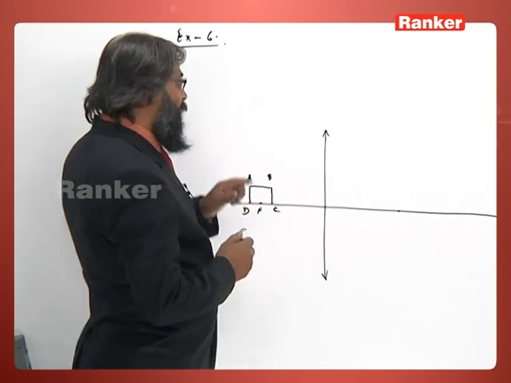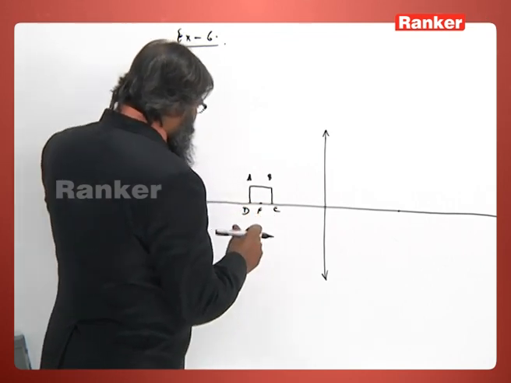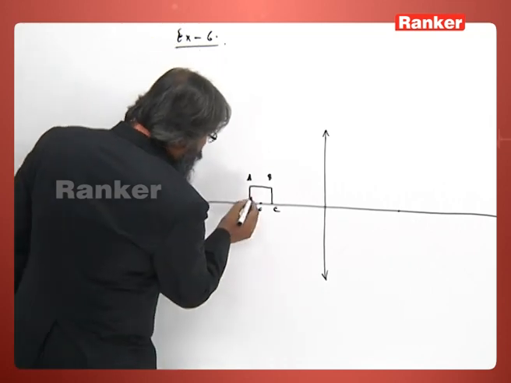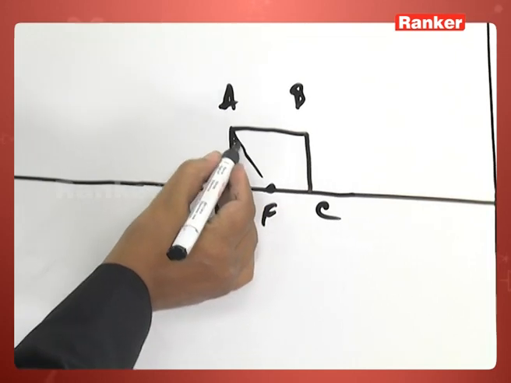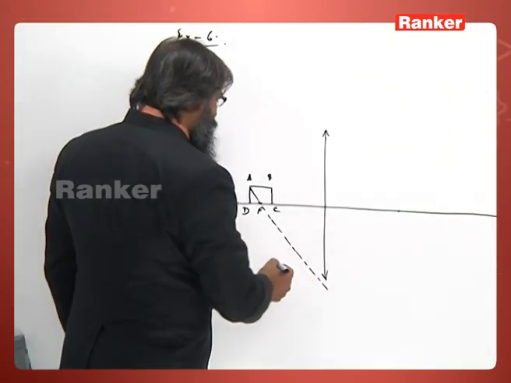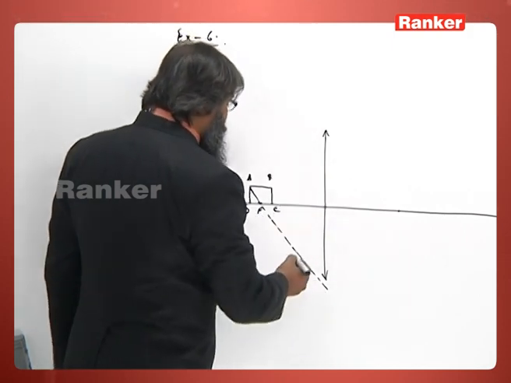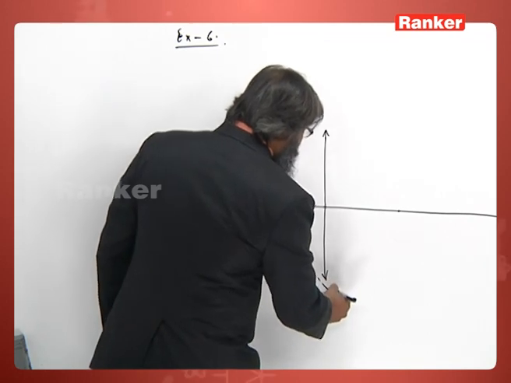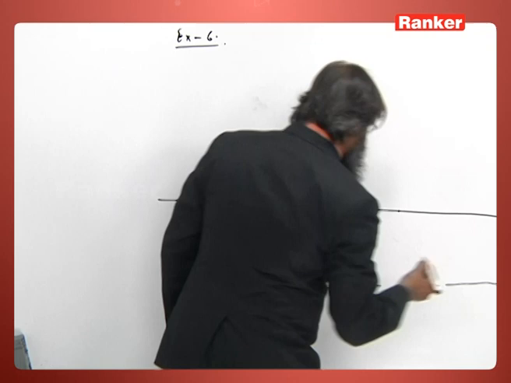What we do is we will join these 2 points. Suppose any ray from A goes like this, and if it passes through this lens system, then it will go parallel to it. So this ray is going to be parallel to this ray.